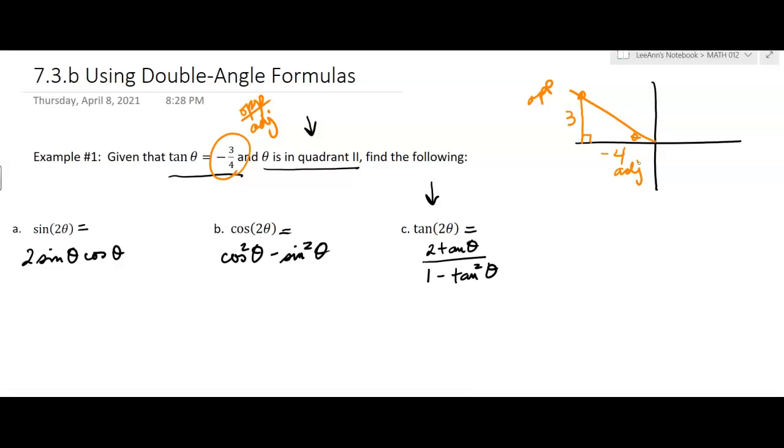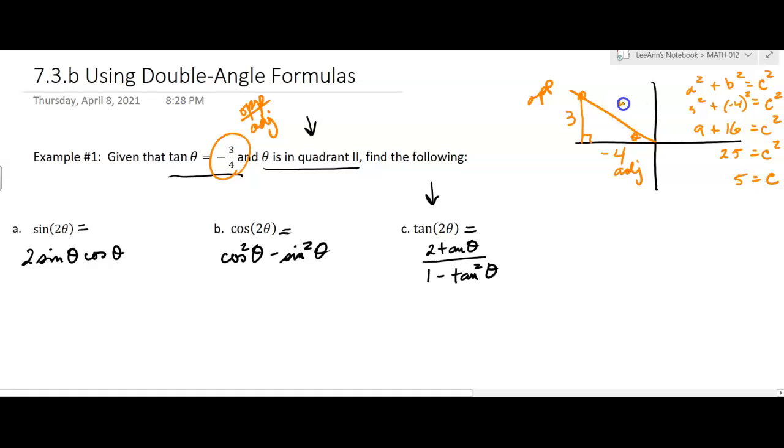Okay, using the Pythagorean theorem, then, you can figure out the hypotenuse, because you know a squared plus b squared has got to equal c squared. It's a right triangle. So you can plug all that in. 3 squared plus -4 squared. Forgot the square. Okay, so 9 plus 16, which is 25, which is 5.